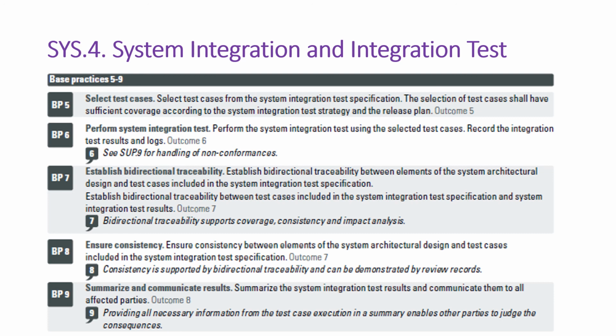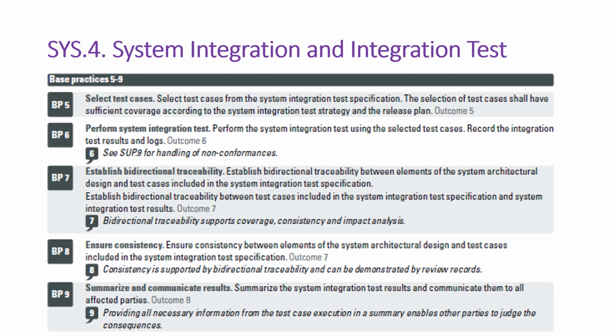If the system has undergone multiple reviews, through peer review, subject matter expert review, or your engineering head review, these levels of reviews, then it ensures the consistency of the entire system.